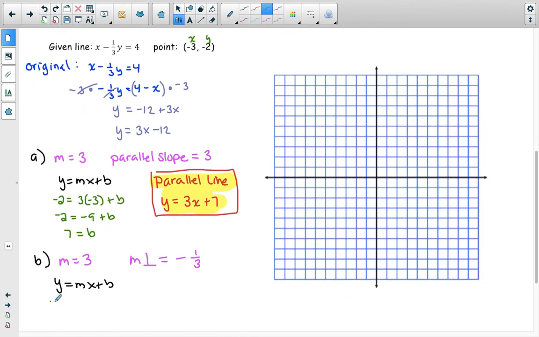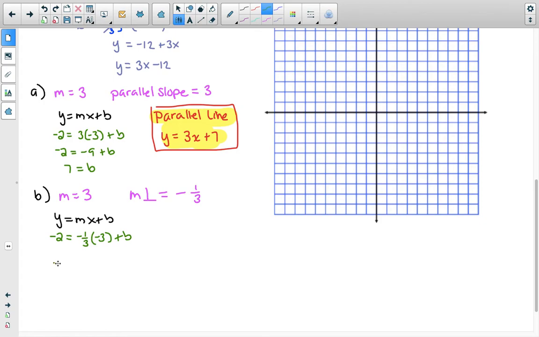Our y is negative 2 equals the new slope we want to use, negative 1/3, times our x value, negative 3, plus b. We have negative 2 equals, so a negative times a negative is a positive, 1/3 times 3, so that will become 3 divided by 3 is 1, plus b. We want to subtract 1 from both sides, so we will have negative 3 equals b.